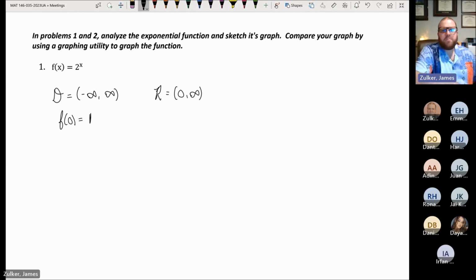So f of 0 is going to be 1. That's the y-intercept. It has no x-intercept. It has a horizontal asymptote, y equals 0.